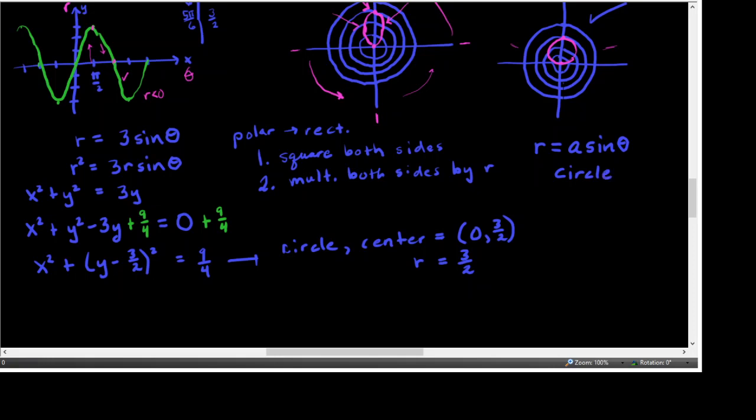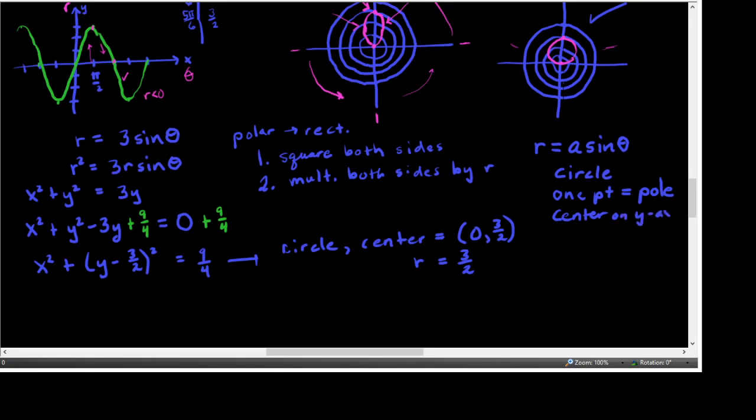And one of the points on the graph is the pole, or you might think the origin. But one of the graphed points will be the pole. And the center will be on the y-axis.